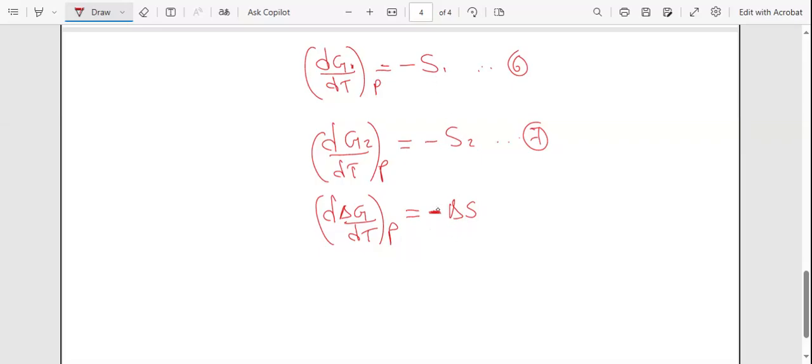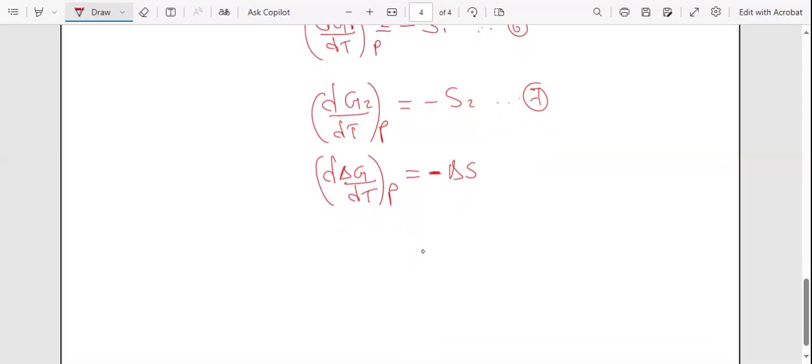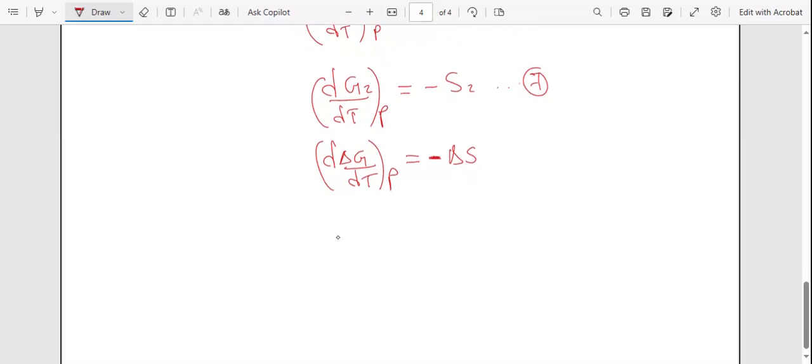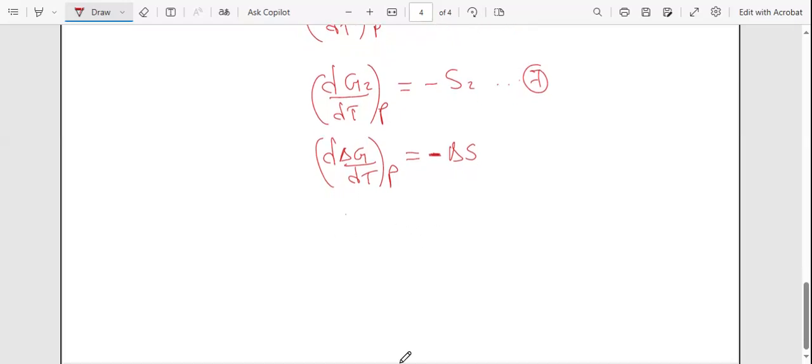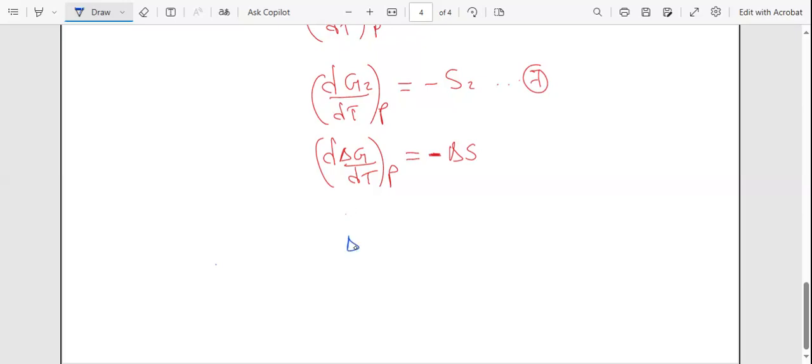You have seen? So from that equation 3 that we gave at first, remember equation 3? It gave change in G, equal to change in H minus T change in S. So we'll substitute now where there's S there.